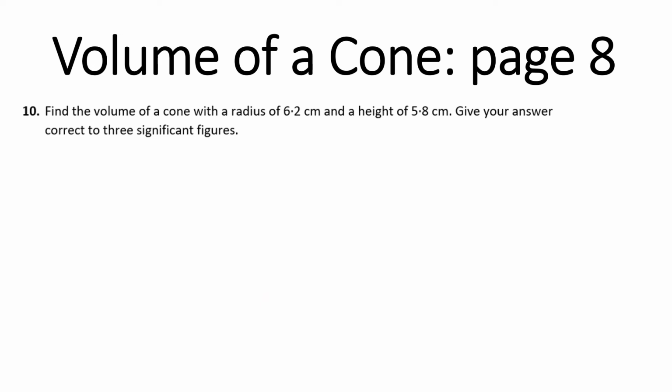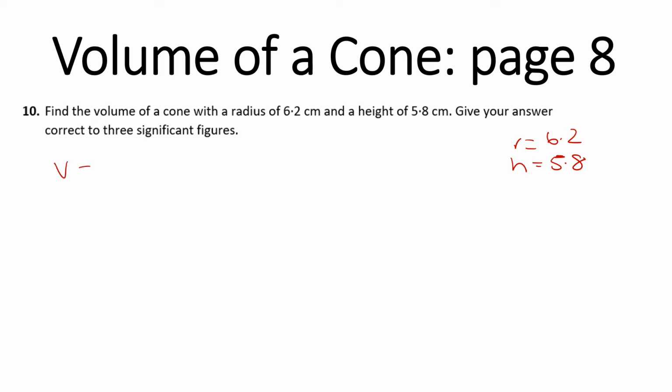Here we have a worded example. So find the volume of a cone with a radius of 6.2 centimetres and a height of 5.8 centimetres. Give your answer correct to 3 significant figures. So we know r equals 6.2 and our height equals 5.8.